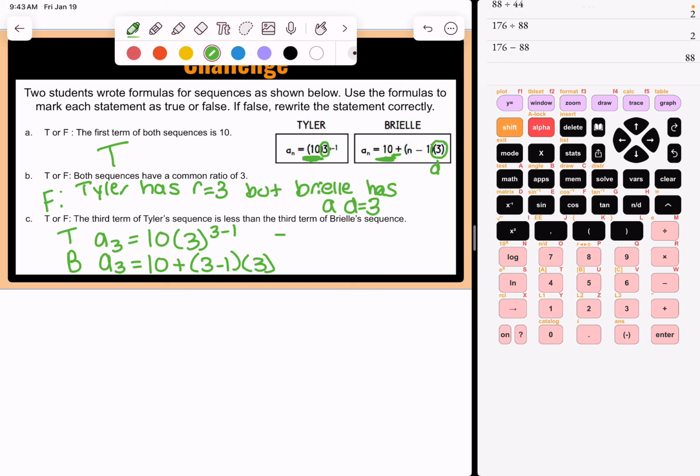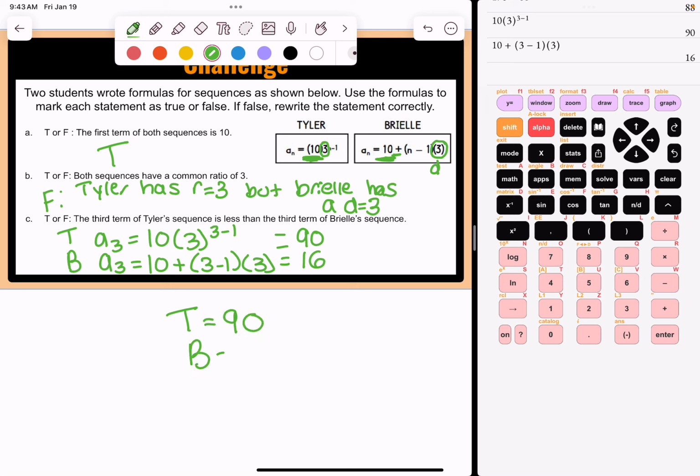Let's type both of these into the calculator. 10 parentheses 3 raised to the 3 minus 1. We get 90, and then 10 plus 3 minus 1 times 3. We get 16. So Tyler's equals 90, and Brielle's equals 16.